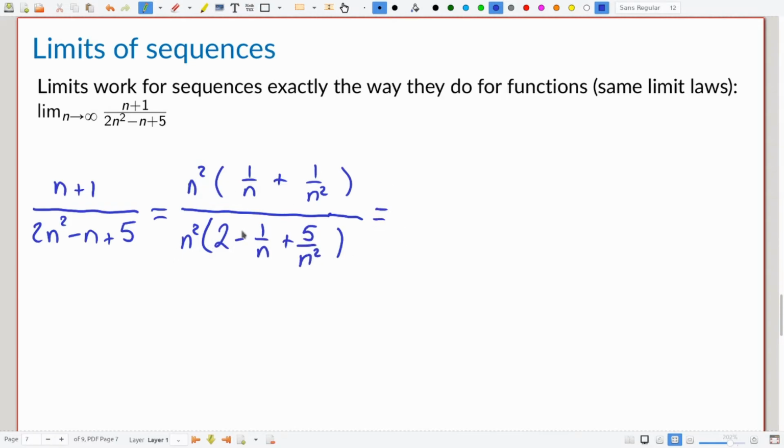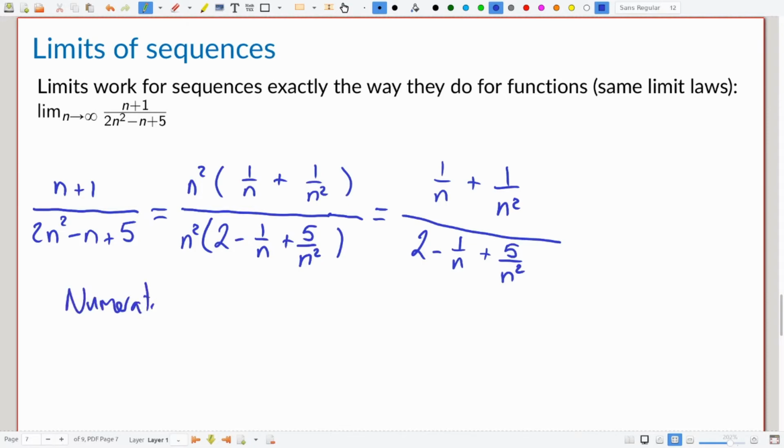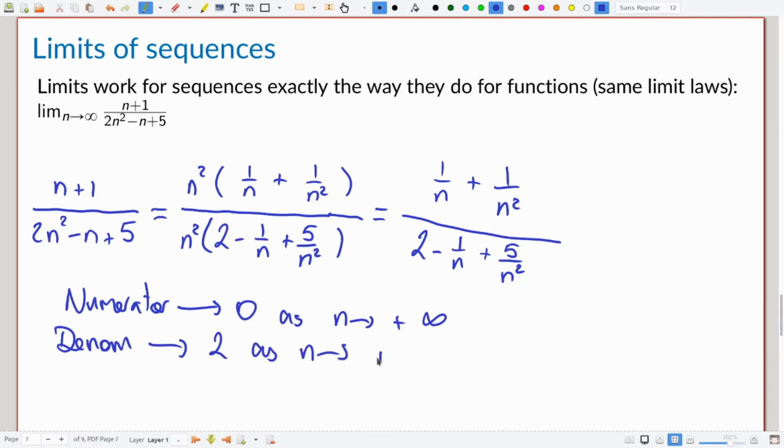Our n squareds cancel, so we're left with 1 over n plus 1 over n squared, whole thing divided by 2 minus 1 over n plus 5 over n squared. The numerator is going to 0 as n goes to infinity. The denominator is going to 2 as n goes to infinity.